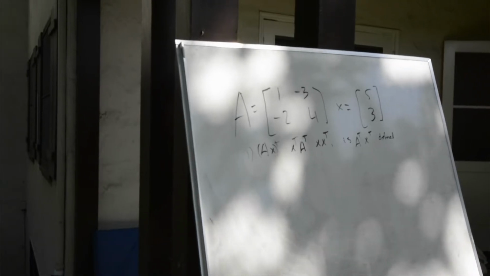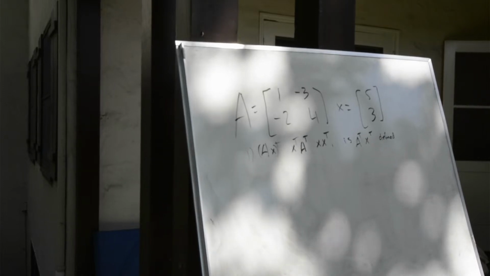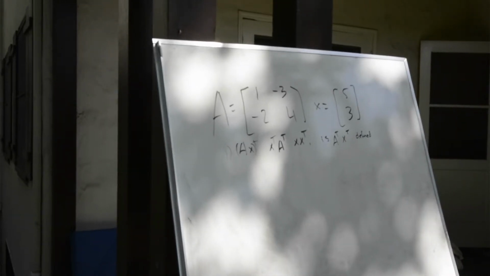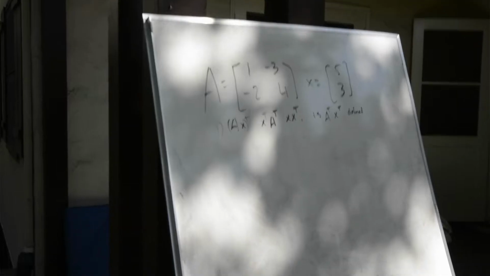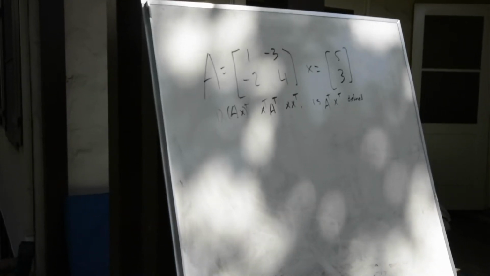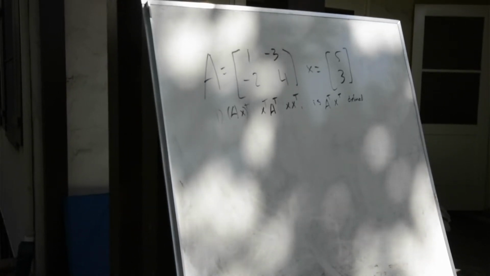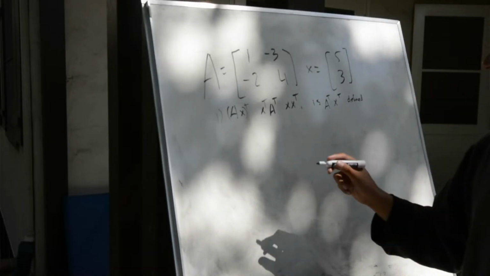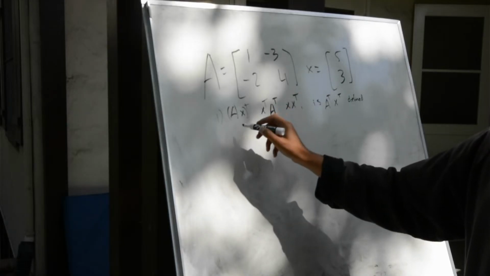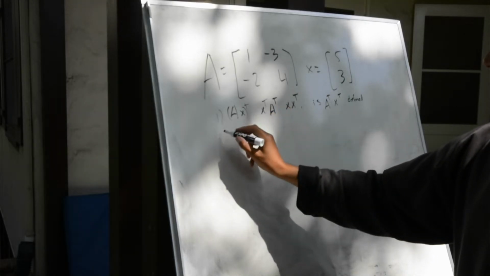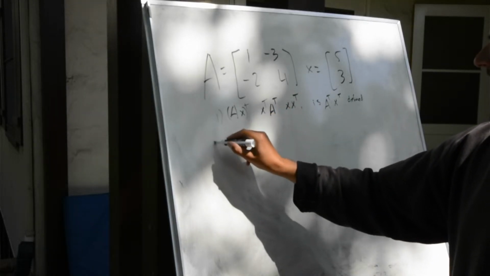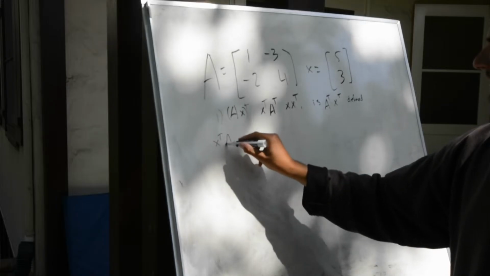Definitely want to do this. Yeah, I wish I had rotated it because it's a little bit harder to write like this, but this should be equal to X transpose A transpose.